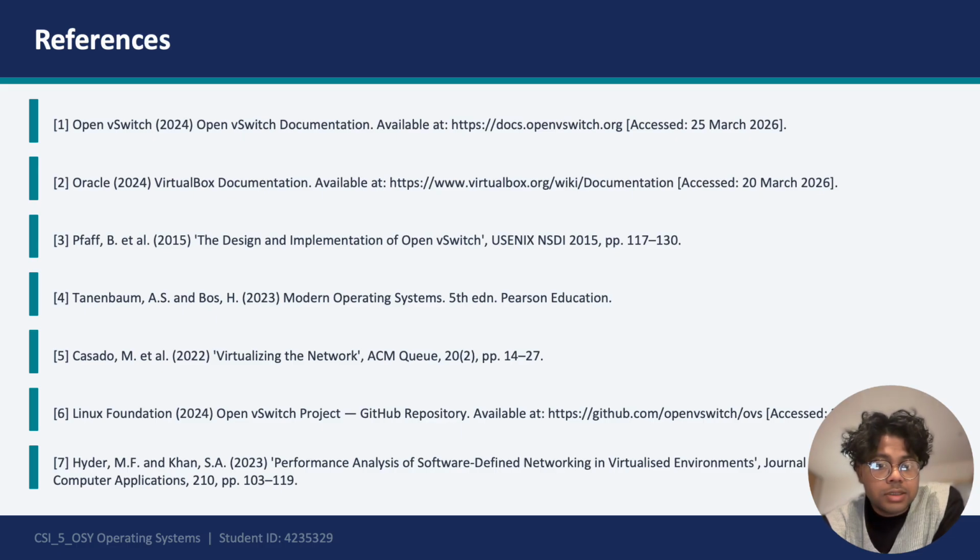I have also cited the original OVS research paper from USENIX NSDI 2015, Tanenbaum's Modern Operating Systems textbook, and two recent academic sources from 2022 and 2023 that cover SDN and performance analysis in virtualized environments. All web sources were accessed between March 20 and 25, 2026. Full reference details are provided in the written report.